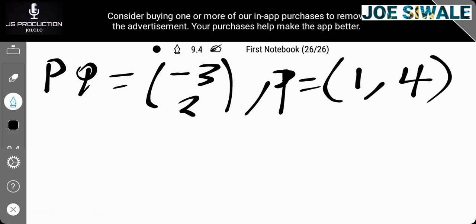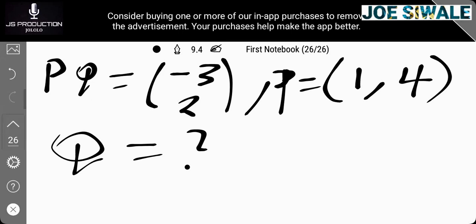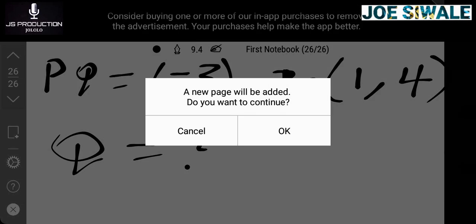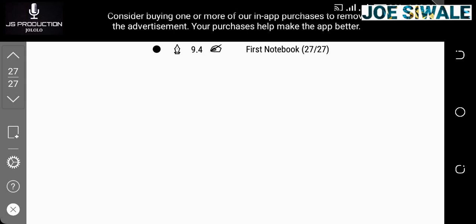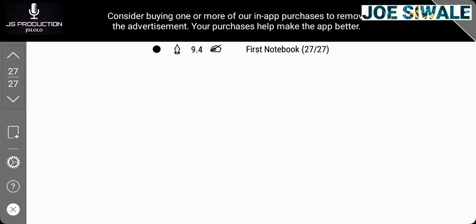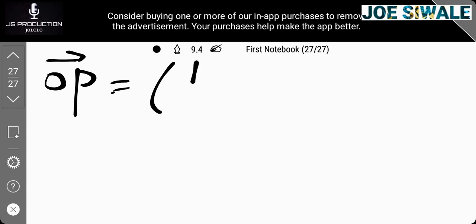Then I have been told to find Q, so I don't know Q. So for me to find Q, I need to collect my data. So I know that my vector OP is equal to (1, 4).